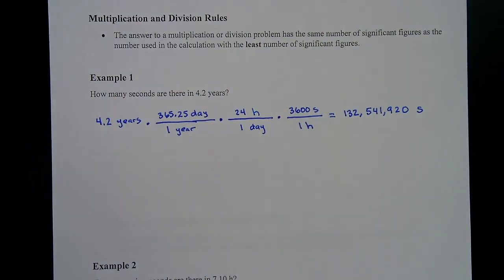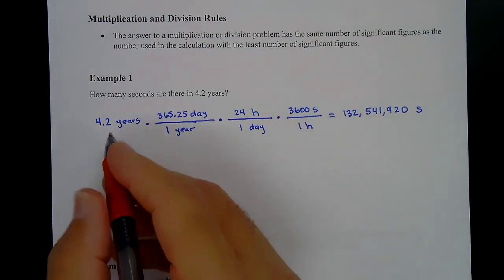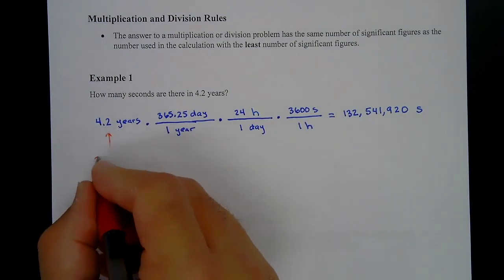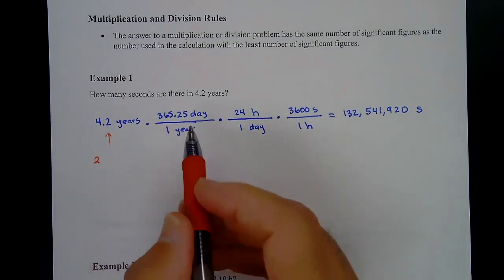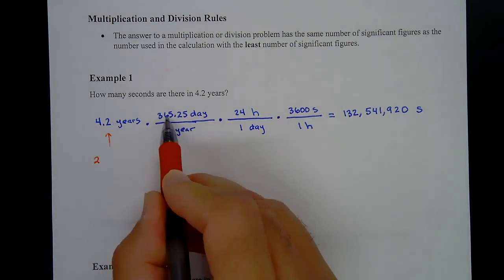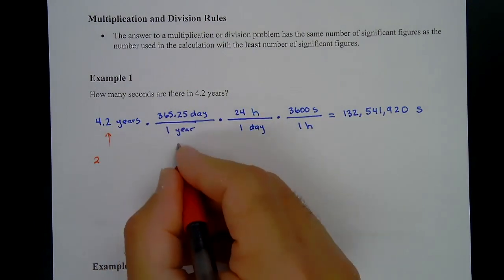Why? Because when we were doing this, we only had some numbers that we were multiplying that didn't have that many significant figures. Okay, so this one right here, what we started with, has 1, 2. This has 2 significant figures. Okay, this has infinite significant figures, but this top one has 1, 2, 3, 4, 5. This one has 5 significant figures.